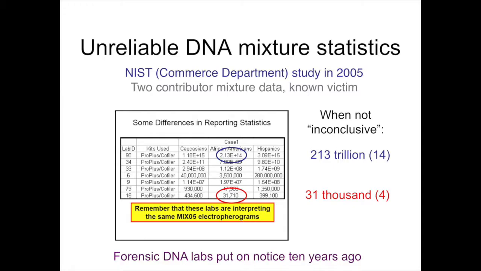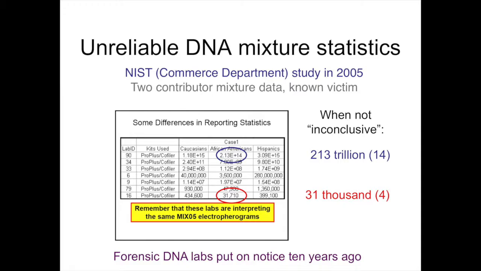They did an interesting study. They sent out about the same simple 2-person mixture. So 2 people are combined, they're in the data, sent it out to about 70 laboratories. Most laboratories, crime labs in the US, most laboratories said, inconclusive, we can't say anything at all. But about 1/3 of the labs did put a number to it.